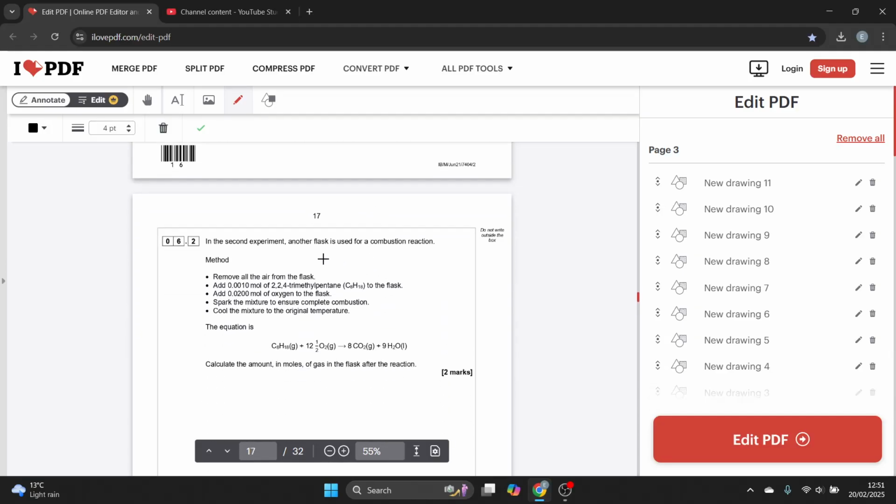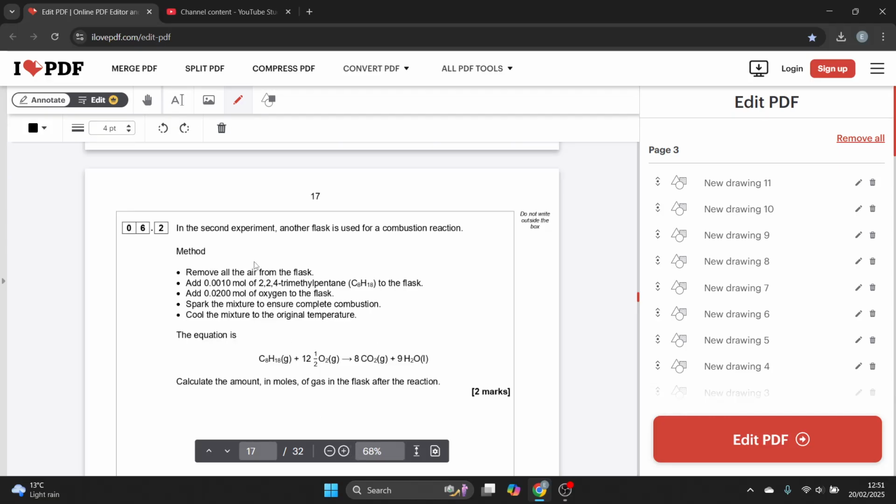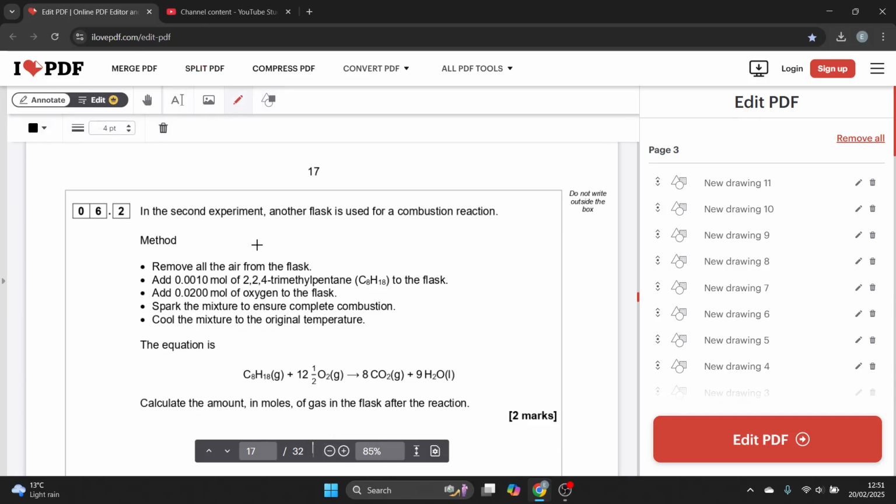6.2 In the second experiment, another flask is used for a combustion reaction. In this method, remove all the air from the flask. Add 0.00100 moles of C8H18 to the flask. Add 0.0200 moles of oxygen.